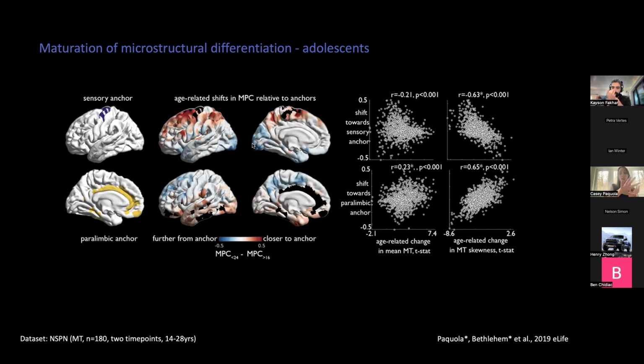So, for example, the red in the top row, these prefrontal areas, were becoming in a way more sensory-like because of the change specifically in deeper layers of the cortex in terms of how they were myelinating. And then other areas of association cortex, like you see in these temporal areas, were becoming more limbic-like because they were myelinating in a different way.